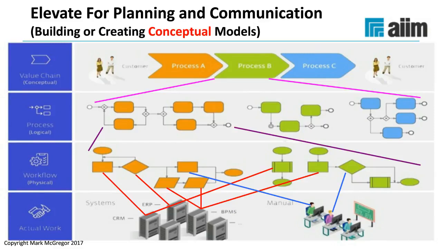Customer journey map is another really good example here that enables me to come up and say, hey, you know what, they're busy fixing that orange physical workflow at that low level, but hey, that's all to do with process B. But as we move from being engines to electric motors, process B is going to disappear. Hang on a minute. We should be investing our effort on process C. We're going to get a much better return in fixing the things that are going to have the biggest impact.